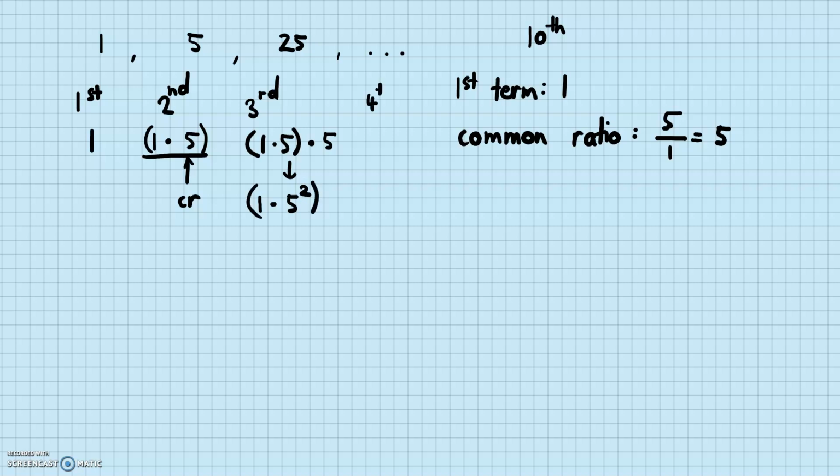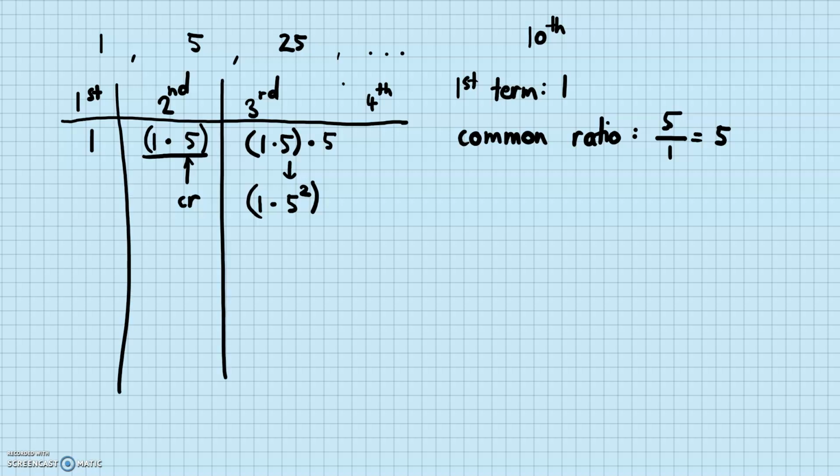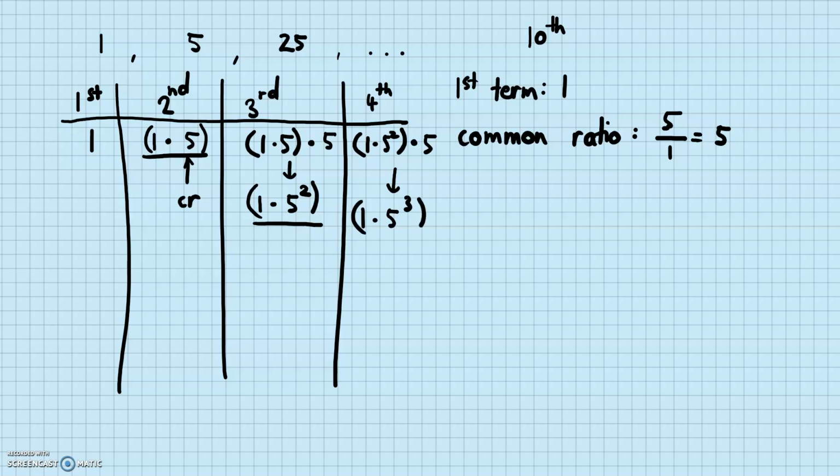To get the fourth term, let me actually draw a table here so that it's easier to see each term. The third term is 1 times 5 squared, and you're multiplying that by the common ratio, which is 5. So you'll eventually get 1 times 5 cubed. This is the fourth term.